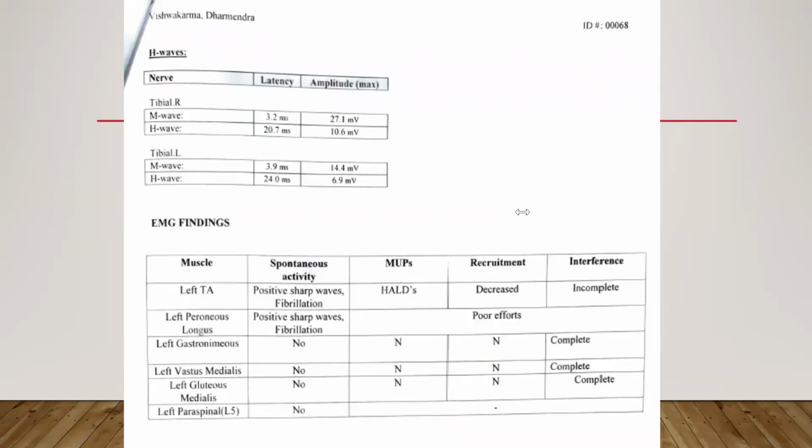That is the thing which will differentiate. Sciatic nerve from the L5 root: involvement of gluteus, gluteus medius and minimus. And from lumbosacral plexus to L5 root, then paraspinals.